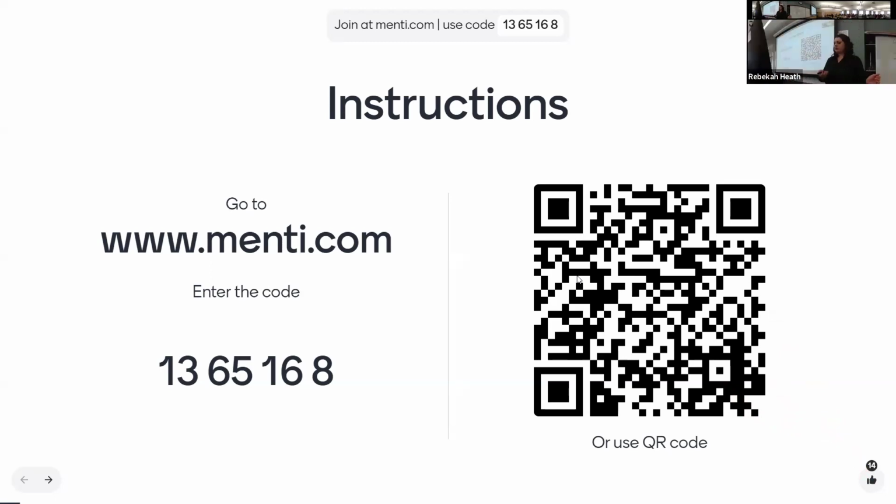Okay, see if I'm in here. Anybody still looking at the code? Not so much.